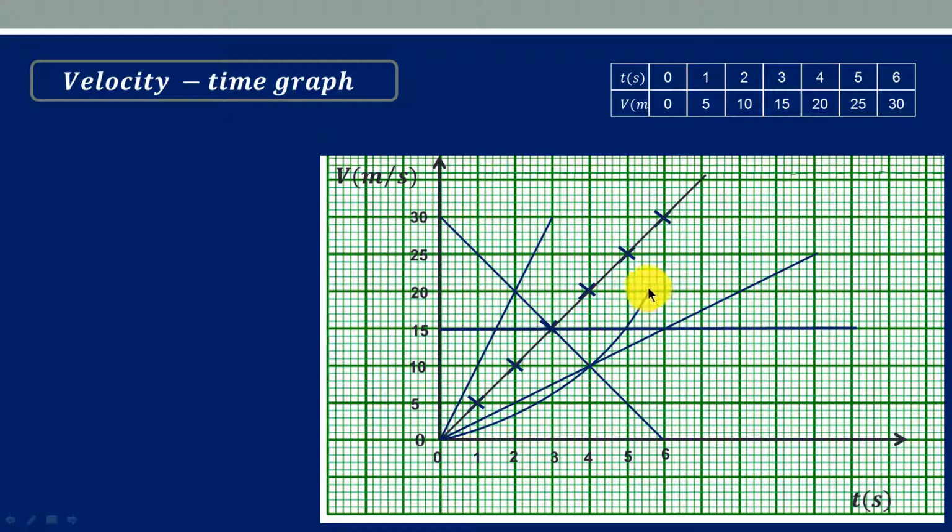Over here, the velocity is increasing, fine. It is increasing with time, but the rate at which it is increasing is not uniform. Again, since we are comparing this graph with the other graphs, we notice that here the velocity is not changing, while in the other graphs, it is changing. It may be increasing at a uniform rate, decreasing at a uniform rate, or increasing at an increasing rate.